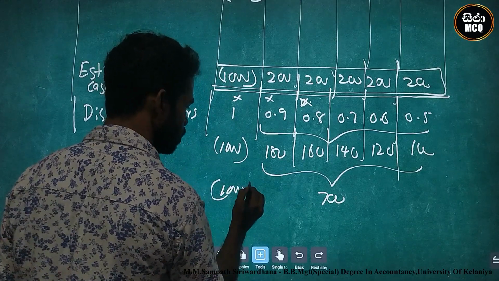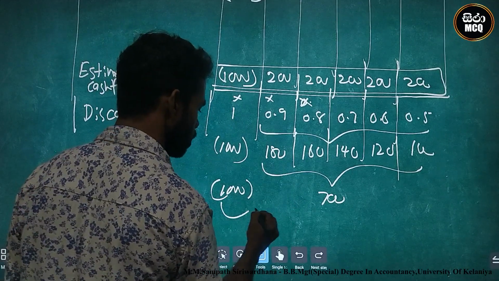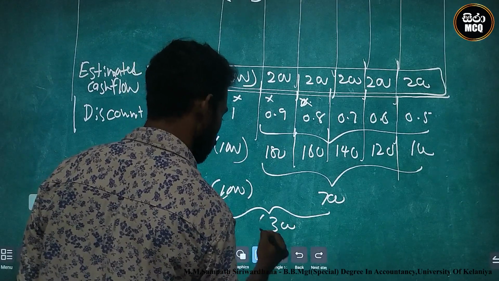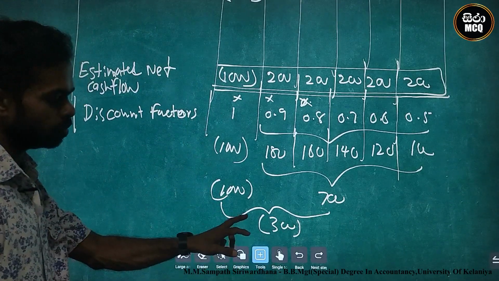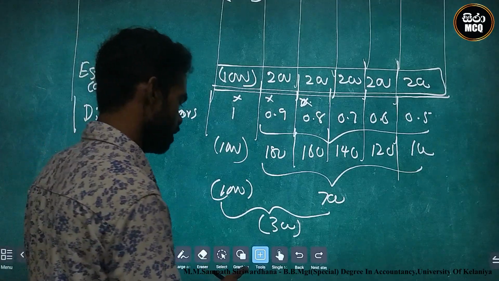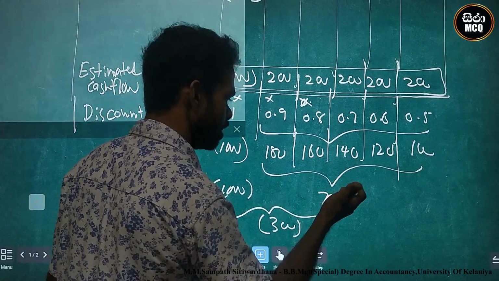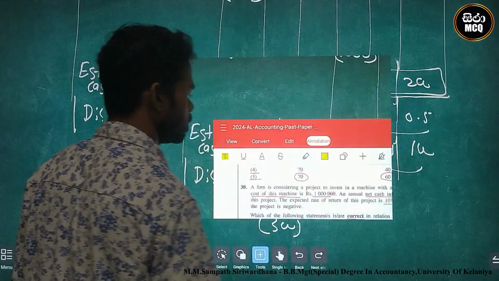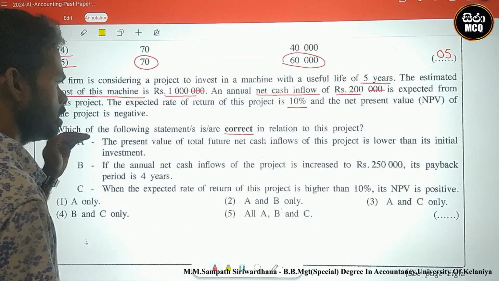This is the outflow, and these are only inflows. The net present value is a 300 outflow. This net present value is negative. We can already find it. They said that. Okay, next one, these are the statements.